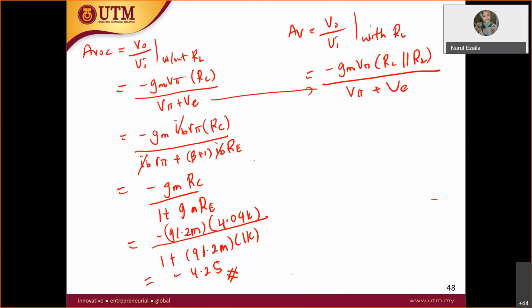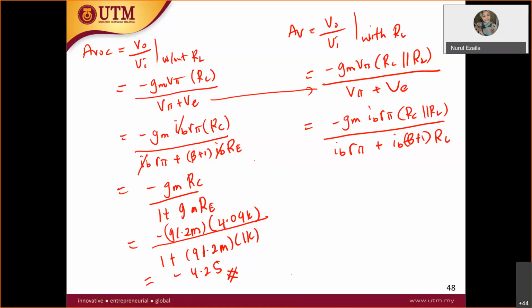If you summarize this, negative gm IB r pi times RC parallel with RL, over IB r pi plus IB (beta plus 1) RE in this case. So you will get negative gm, RC parallel with RL, over 1 plus gm RE.